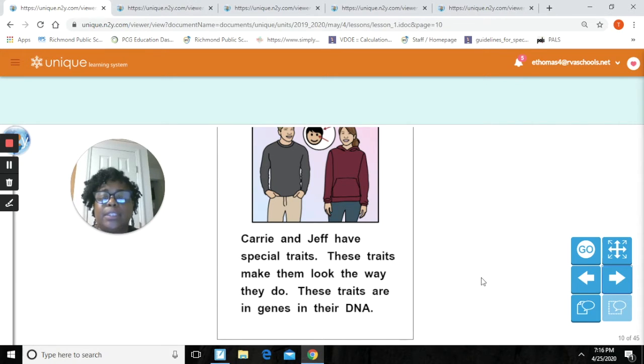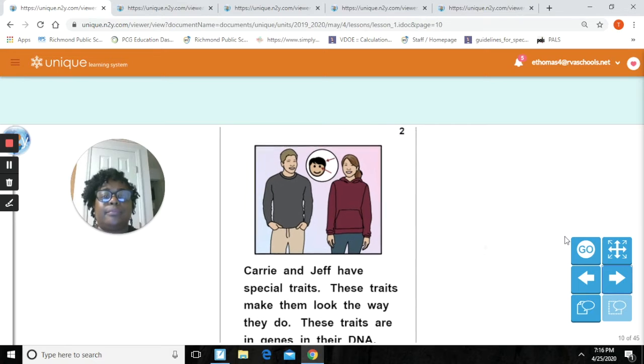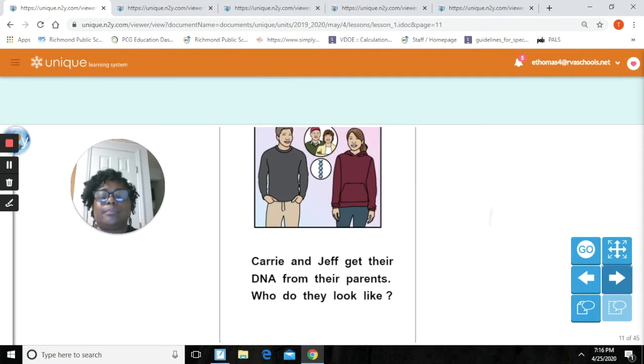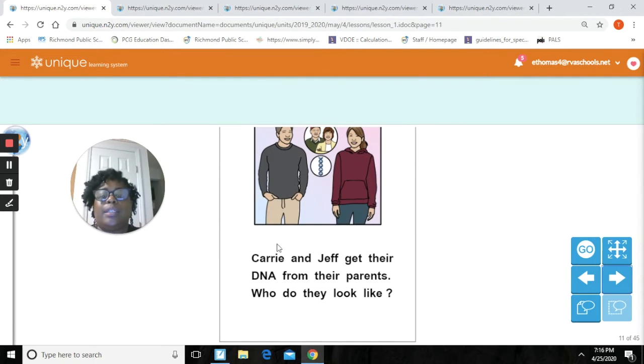These traits are in genes, in their DNA. Now, Carrie and Jeff get their DNA from their parents. Who do they look like?